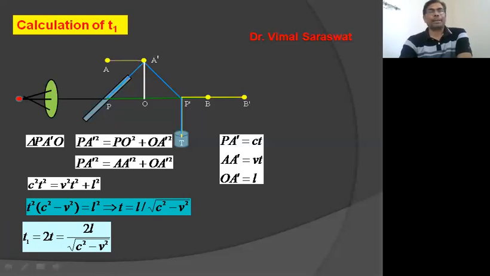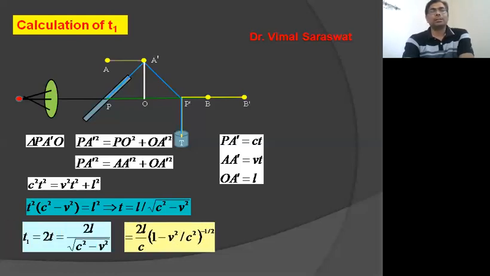Now, if we take c² common from here, then outside this square root, it will be 2L by c. So 2L upon c, (1 − v²/c²)^(−1/2).